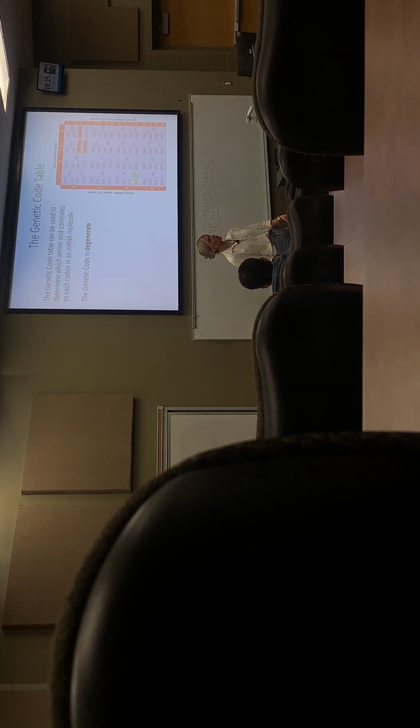Now, I'm going to ask you a question. Do you ever see one codon encode for more than one amino acid? No. What I'm trying to say is that CCG, could CCG become any other amino acid than proline? No, because that would be terrible. The whole point is that you need to know exactly what amino acid is going to be in the protein.